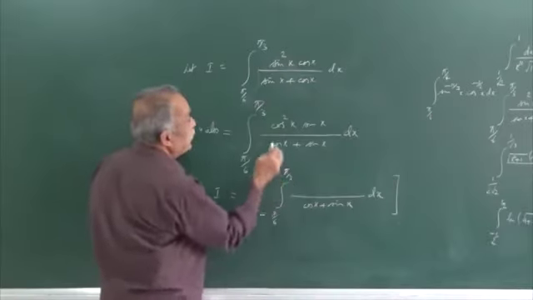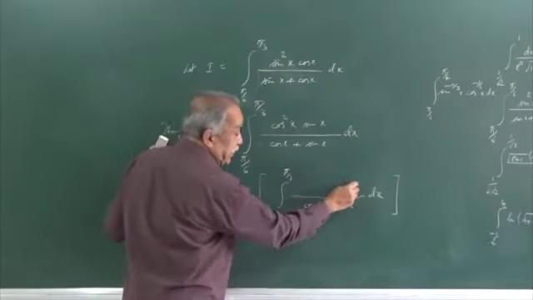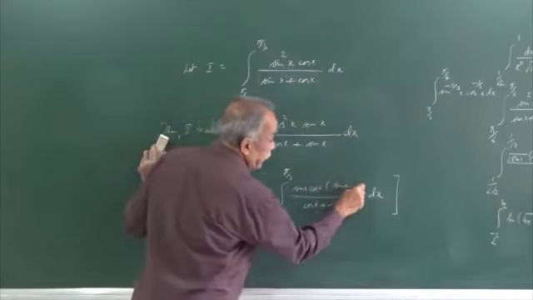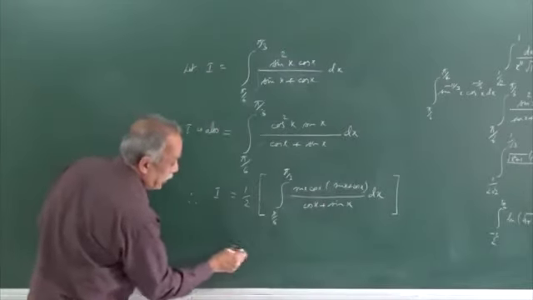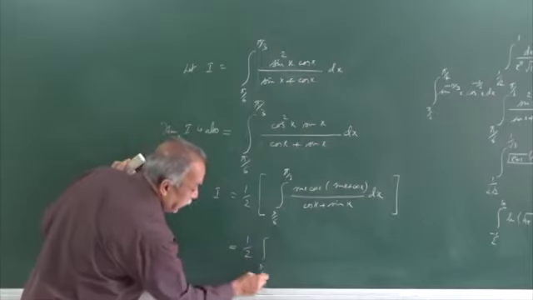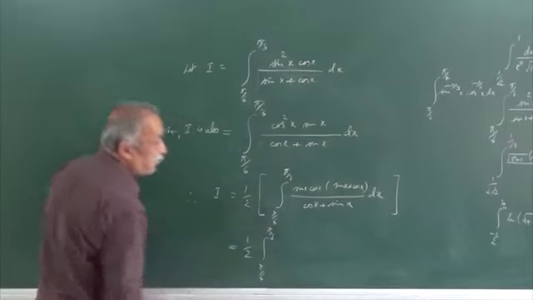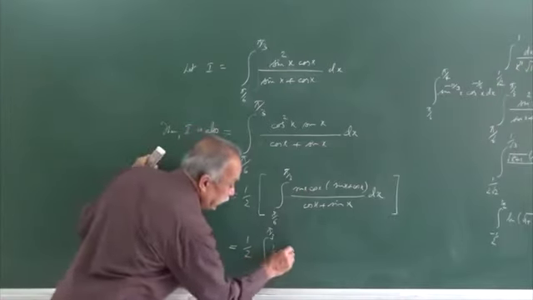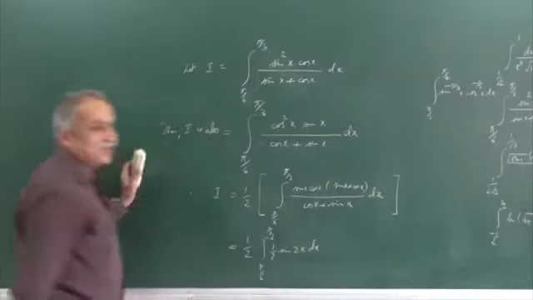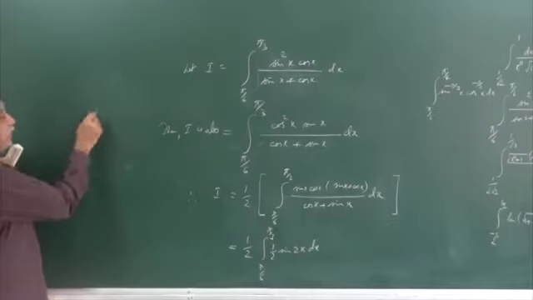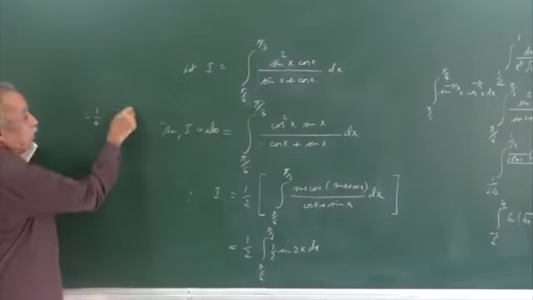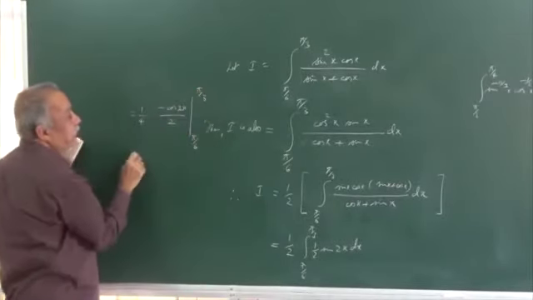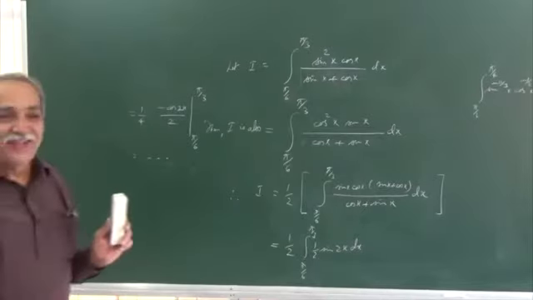The numerator becomes sin square x cos x plus cos square x sin x, cos x sin x common, into sin x plus cos x, which is half of integral pi by 6 to pi by 3 sin x cos x dx, or half of sin 2x dx, and the integral becomes 1/4 of minus cos 2x by 2 to be evaluated between limits pi by 6, pi by 3. Good. Nice.